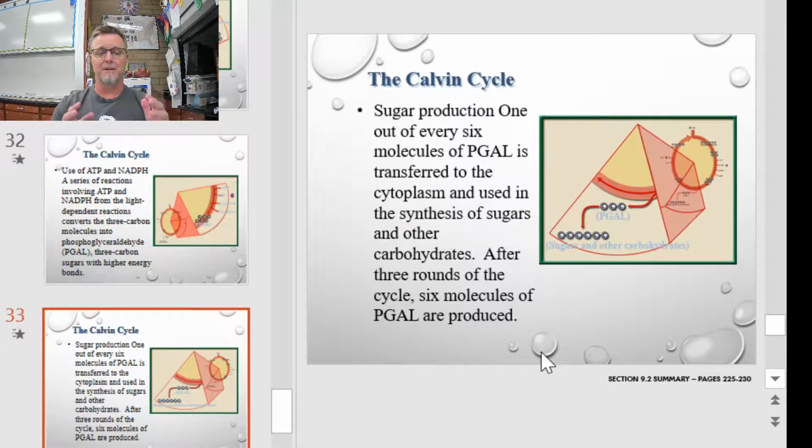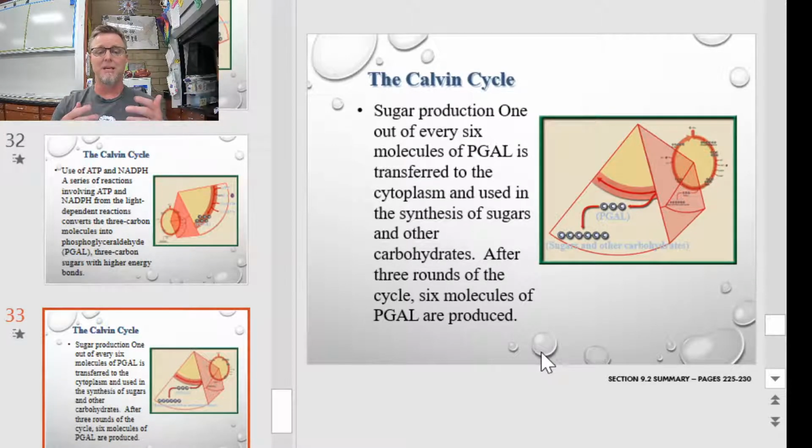So the sugar production: 1 out of every 6 molecules of PGAL is going to be transferred to the cytoplasm and be used to make something like glucose. Now if you do the math, 1 PGAL has 3 carbons, a glucose has 6, so it's going to take 2 PGALs to make a single 6-carbon glucose.